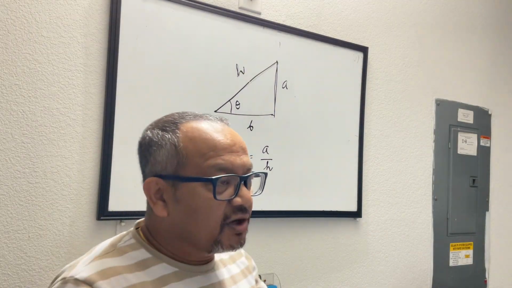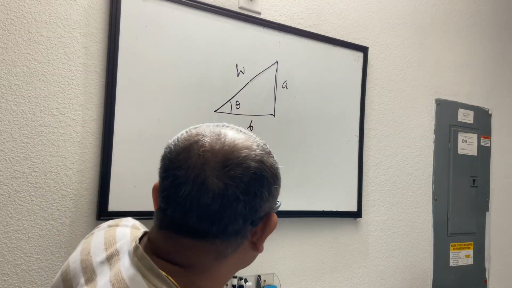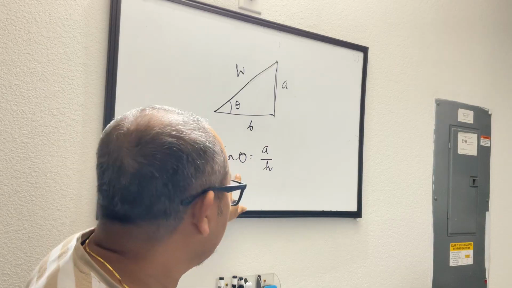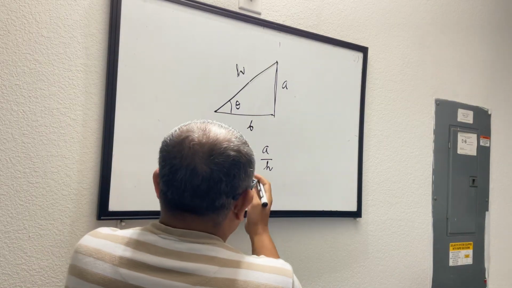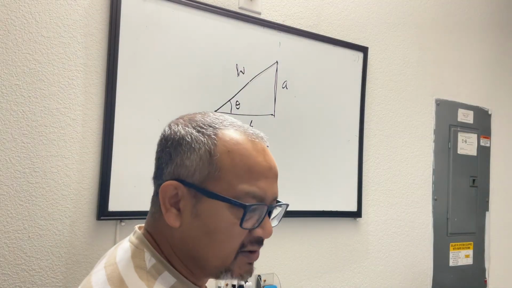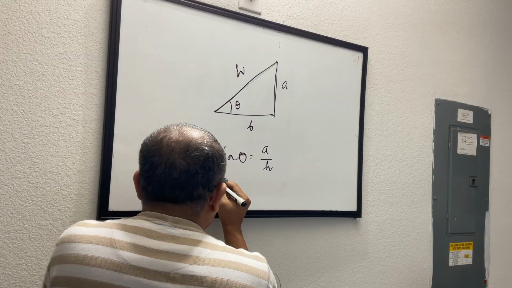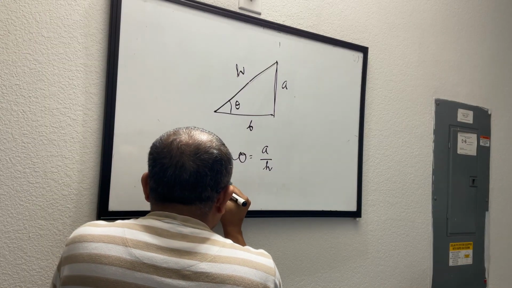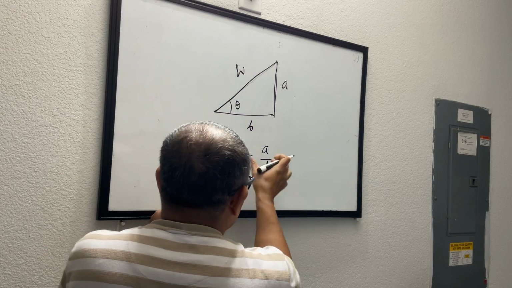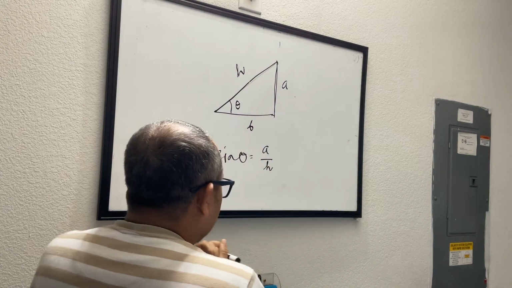So when it comes to inverse, here you know the sides, and from that you can find out the sine of it. Or if you know the theta, you will be able to find out the relationship between A and H, right? That's a ratio. What inverse function says is, sine of theta is equal to A over H. I want to read it differently.